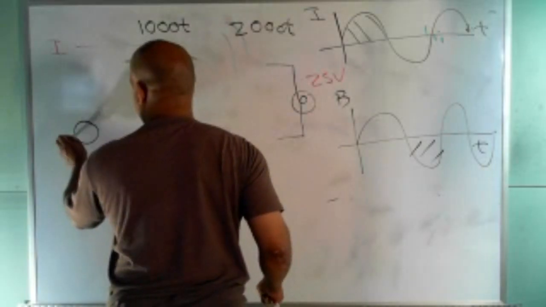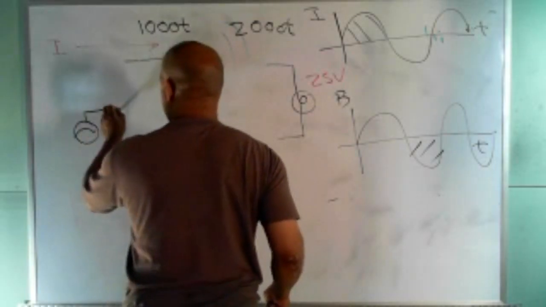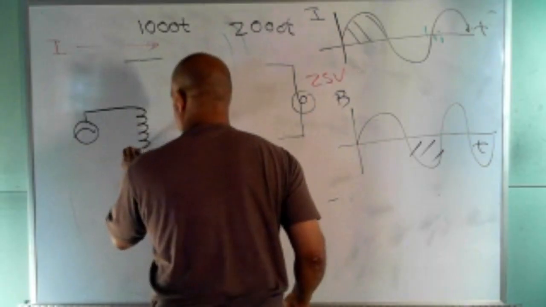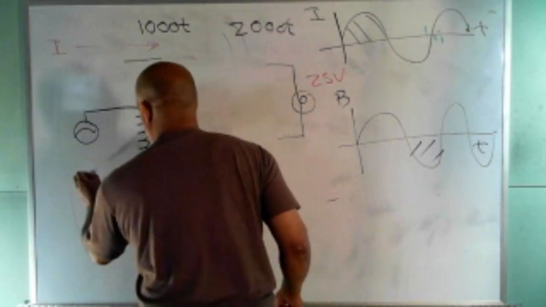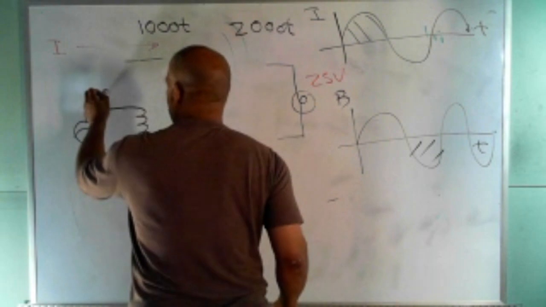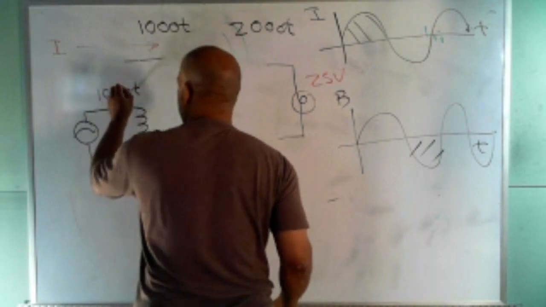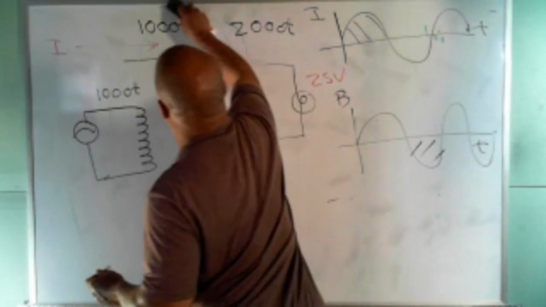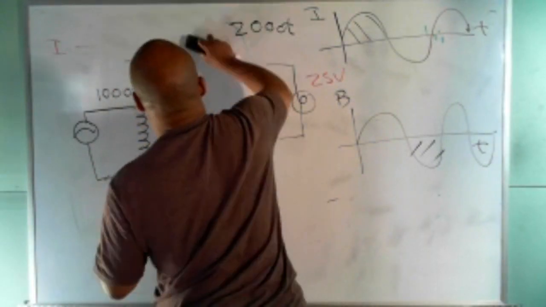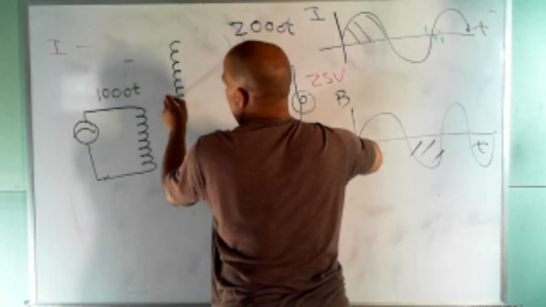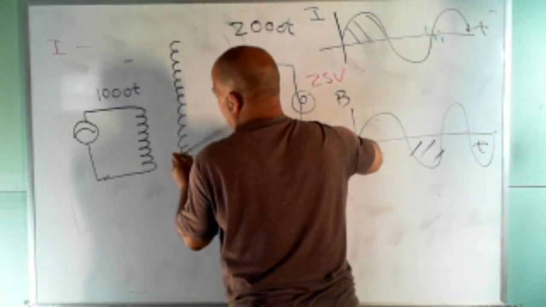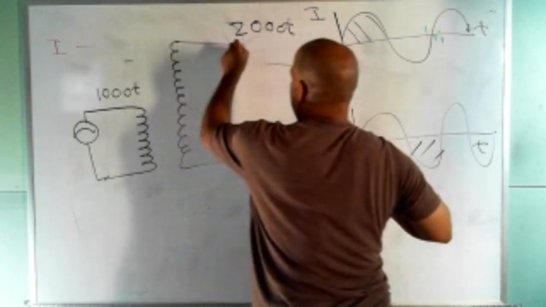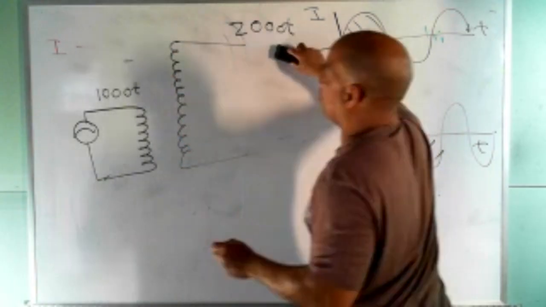So I have this. We got 1,000 turns over here, but on the other side, I got twice as many. So I'm going to draw twice as many. I got 2,000 over here.